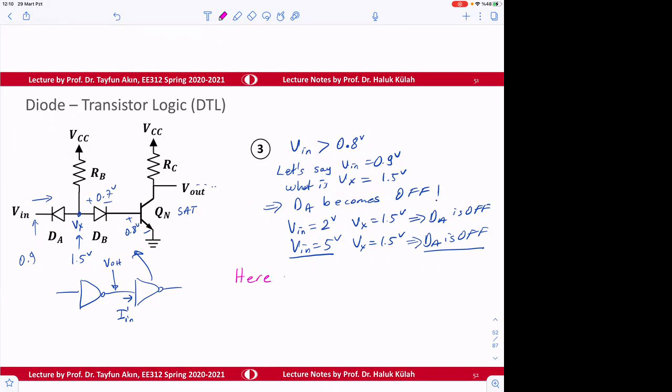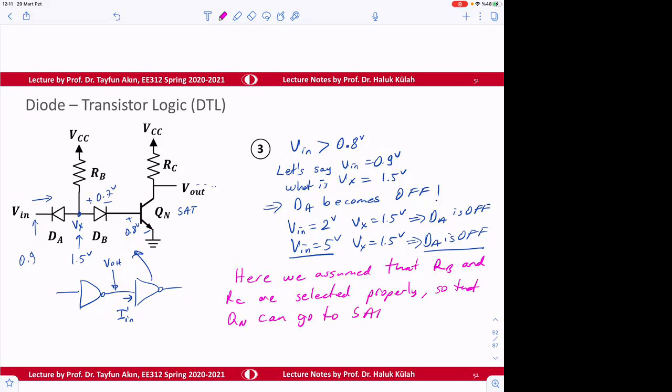Here we assumed that RB and RC are selected properly so that QN can go to SAT when Vin is larger than or equal to 0.9 volts.